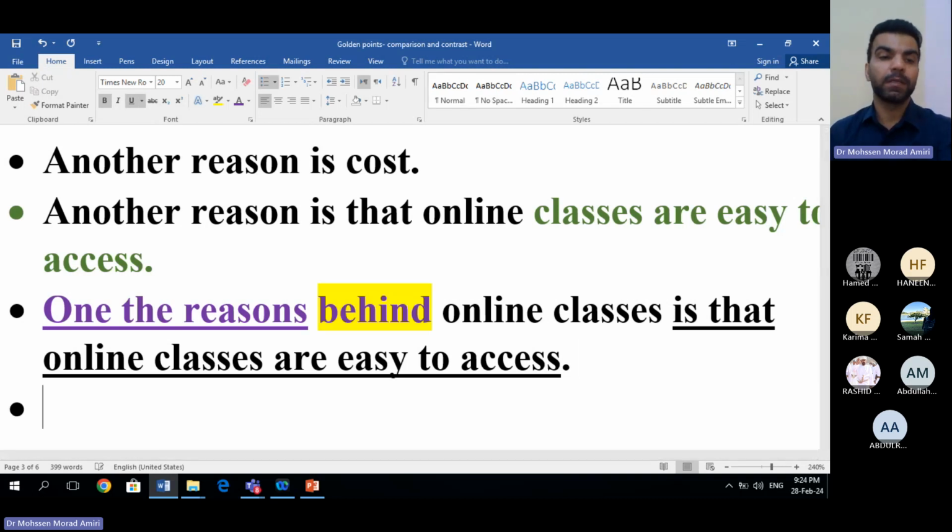Now I want you to give me sentences with "one of the reasons behind". Try to make a sentence. Give me any example, but use "one of the reasons behind". Think about it.